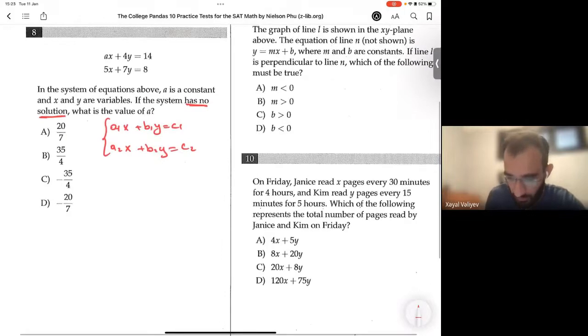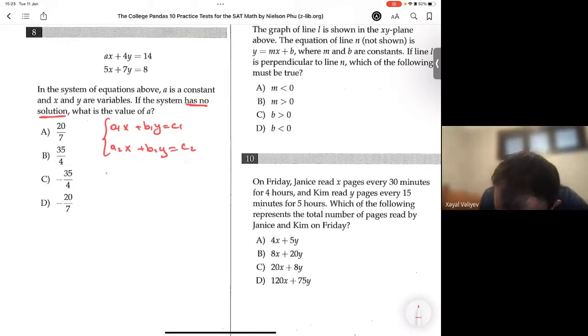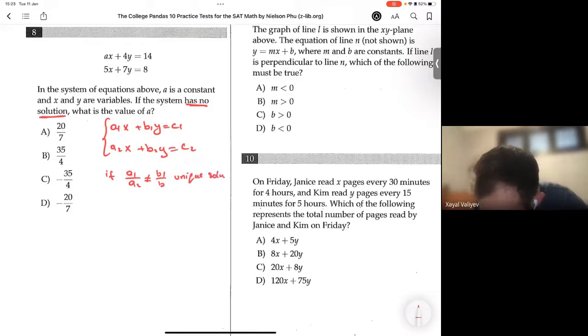If a1 over a2 does not equal b1 over b2, there is a unique solution. But if a1 over a2 equals b1 over b2 and equals c1 over c2, that's infinitely many solutions.